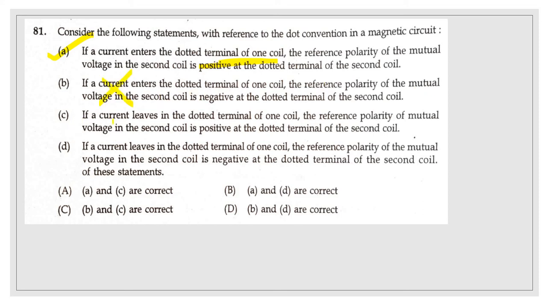C: If the current leaves the dotted terminal of one coil, the reference polarity of mutual voltage in the second coil is positive. Wrong. And D: if a current leaves the dotted terminal of one coil, the reference polarity of the mutual voltage in the second coil is negative at the dotted terminal. That is correct. So A and D are correct. Option B is the correct answer.